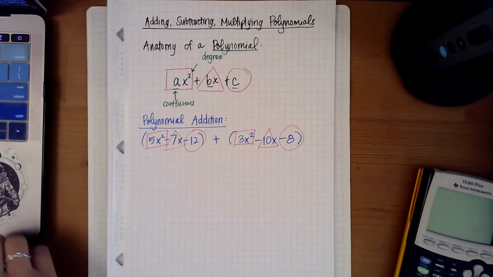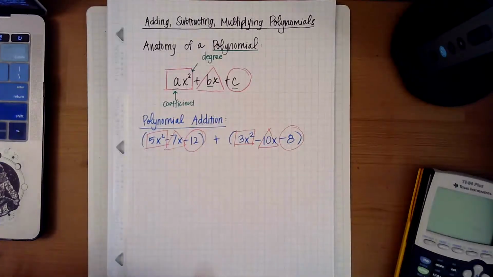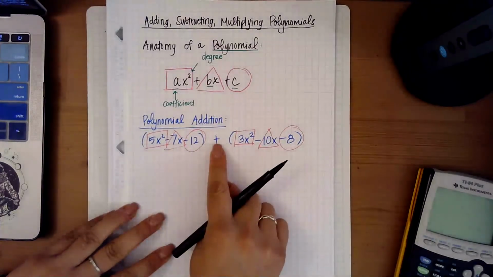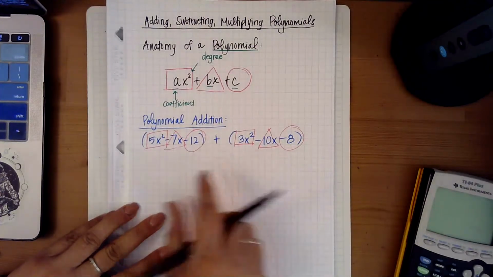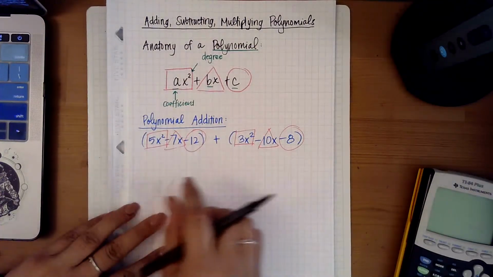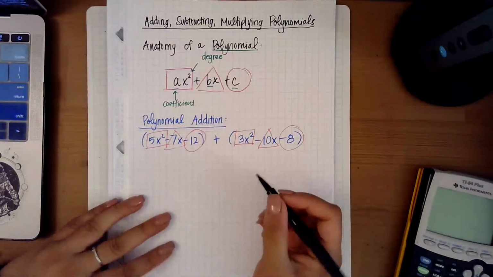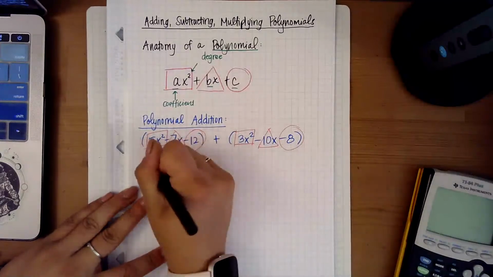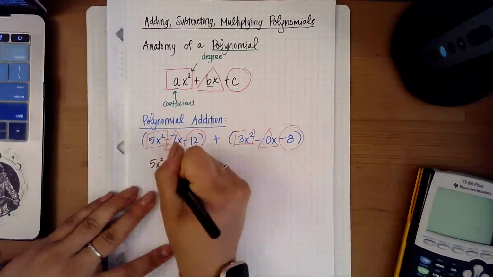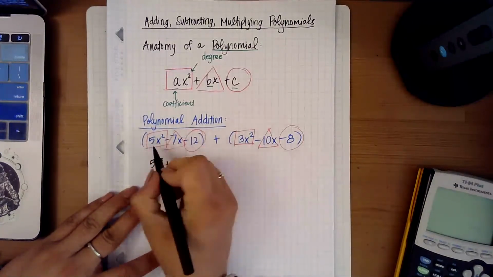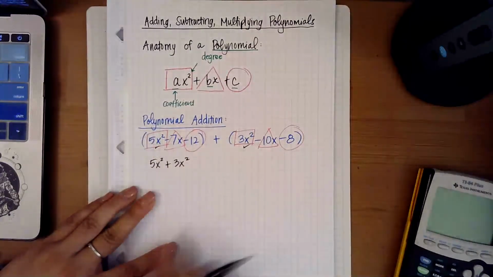So in understanding this, because it's addition, I'm able to use the commutative and associative property. That means I'm able to group things together by like terms. So that's exactly what I'm going to do. I'm going to go 5x squared plus 3x squared, because I grouped those two together.